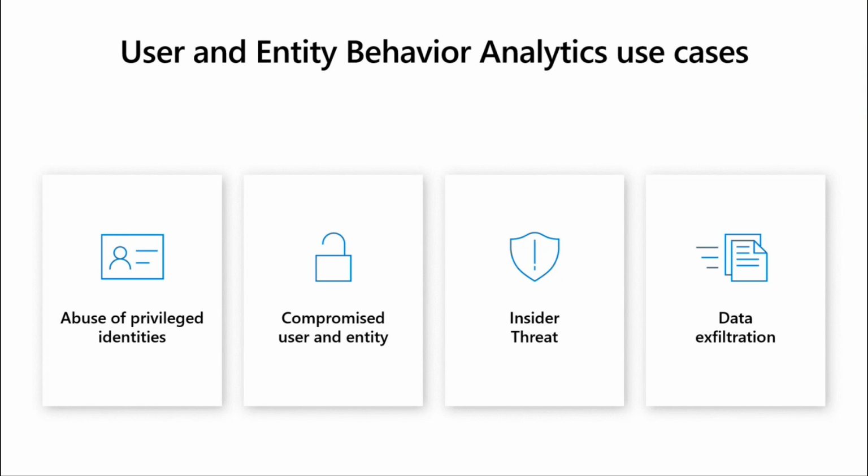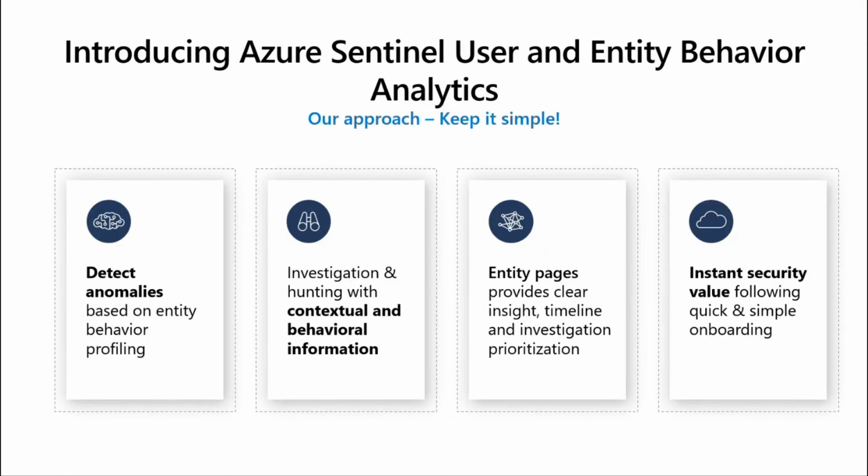So an attacker that gains access to a user account and then starts working their way through the attack kill chain, which is obviously going to deviate from the user's profile. And then finally, insider threat and data exfiltration. So you can have maybe rogue or disgruntled employees who start to collect sensitive data and then exfiltrate it outside the organization. Those are the scenarios that we're targeting.